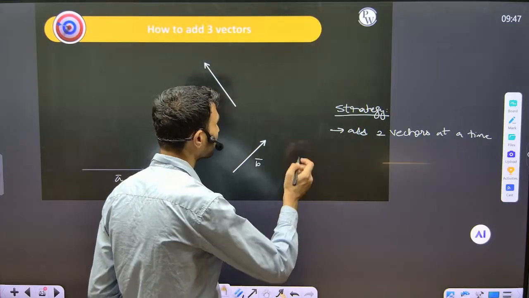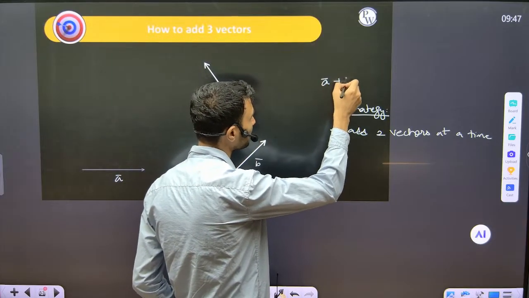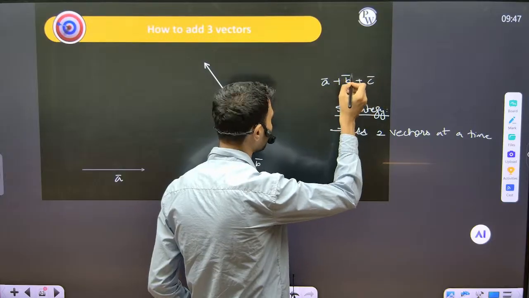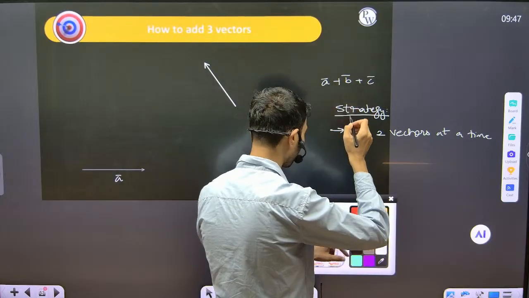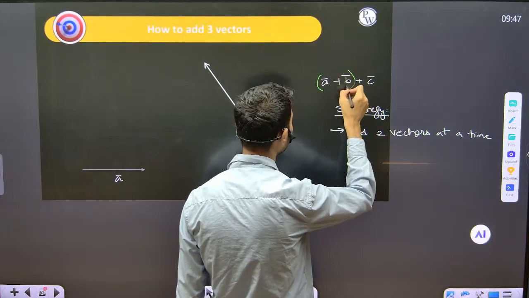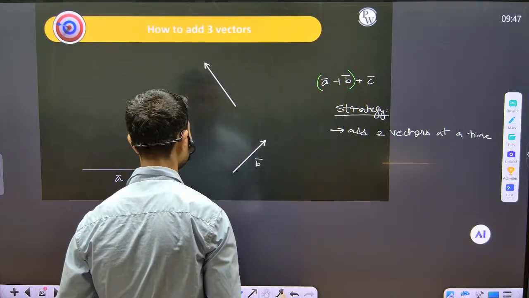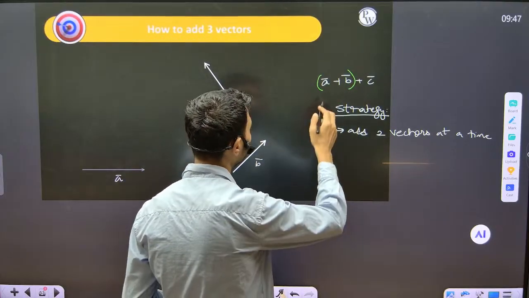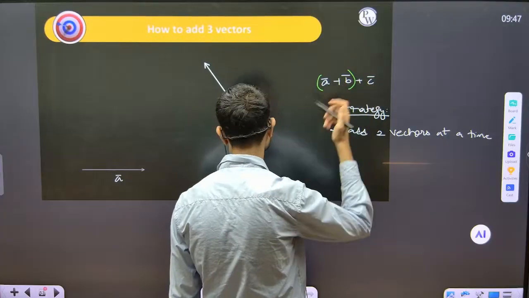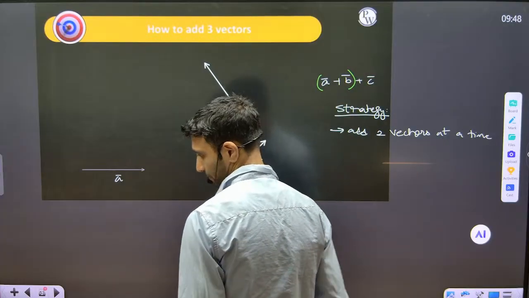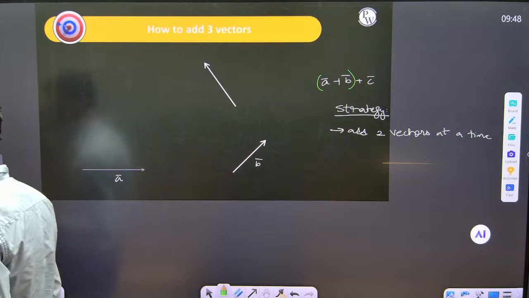I have to add a plus b plus c, right? So what am I suggesting? Add two vectors means I'm asking you to only add a vector and b vector first. Then whatever addition of a vector and b vector we get, we'll add it with c vector. That's the plan, right?